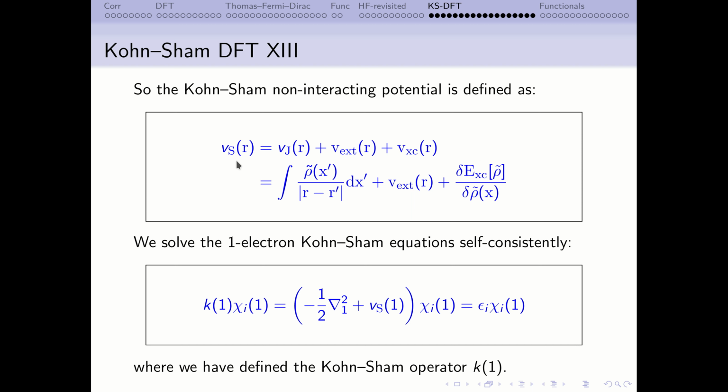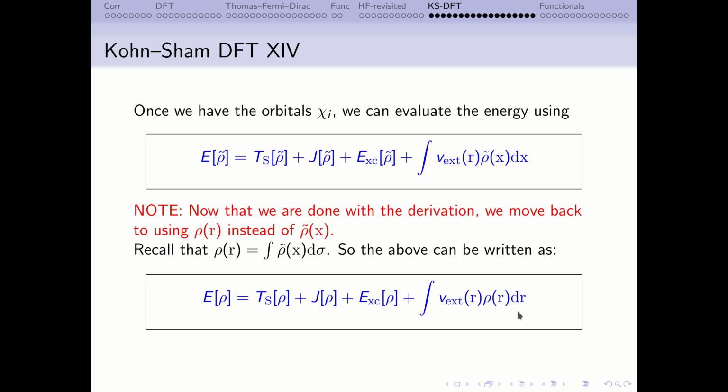Once you know the potential, you can solve the Kohn-Sham equations, like we solved the Hartree-Fock equations. So the Kohn-Sham operator operating on chi I, which is kinetic energy plus external plus this effective Kohn-Sham potential, operating on chi I gives us epsilon I chi I. And you get the orbitals and the energies exactly the way we have the Hartree-Fock orbitals and energies.